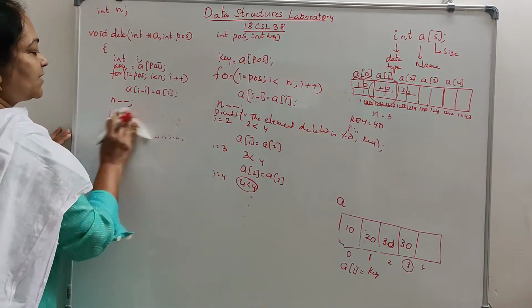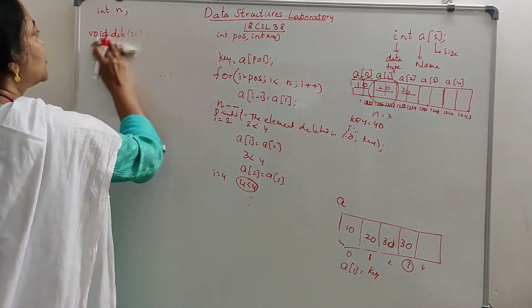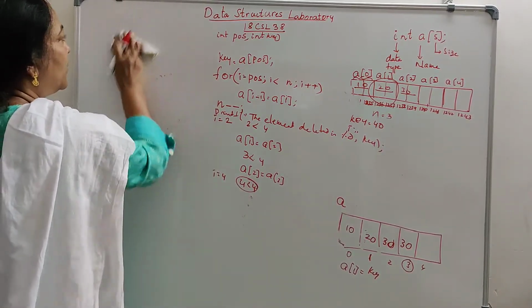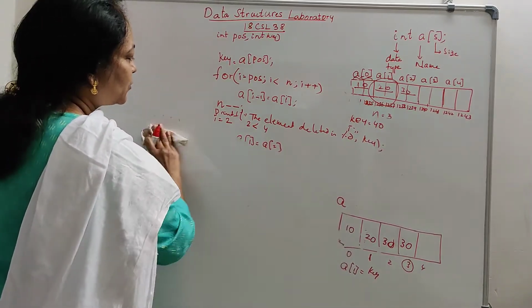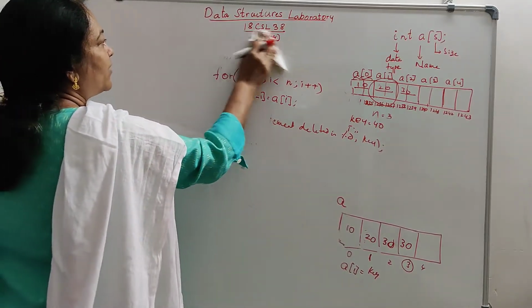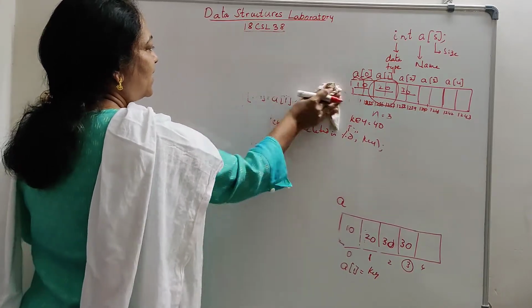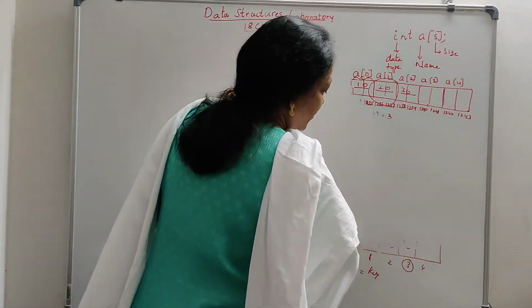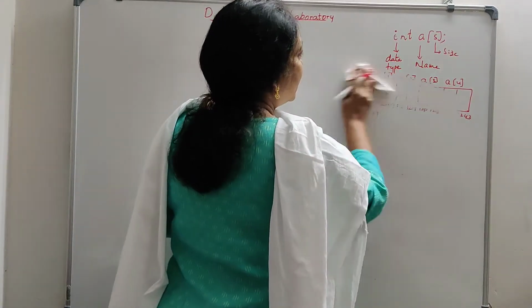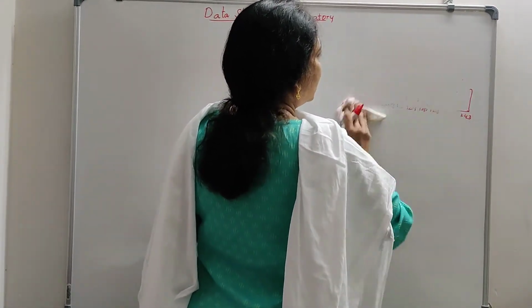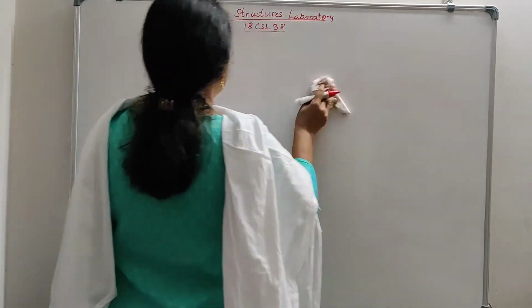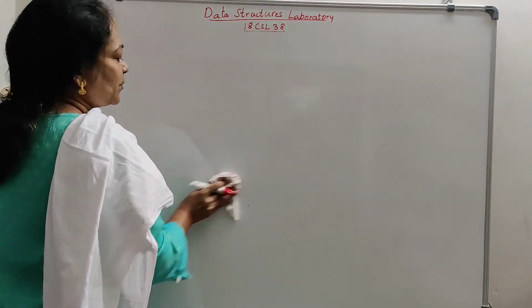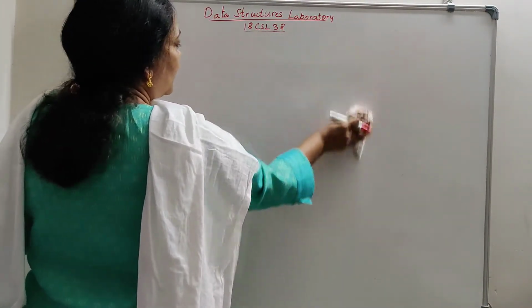Next, all these functions together can be put in the main function now. As I told you, we are going to make a menu driven program for this, where in the main function we are going to declare a menu and ask the user to choose any of the operations, any of the functions, whether read or display or insert or delete.